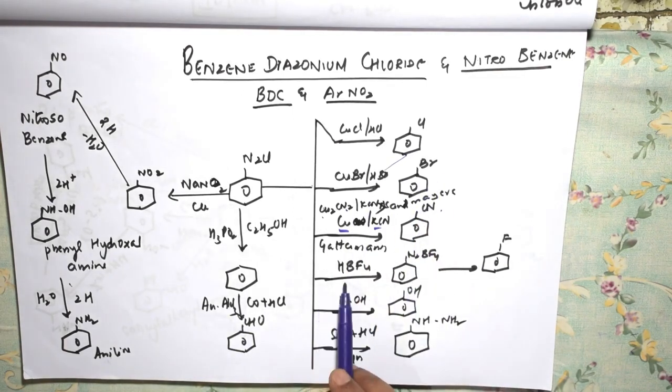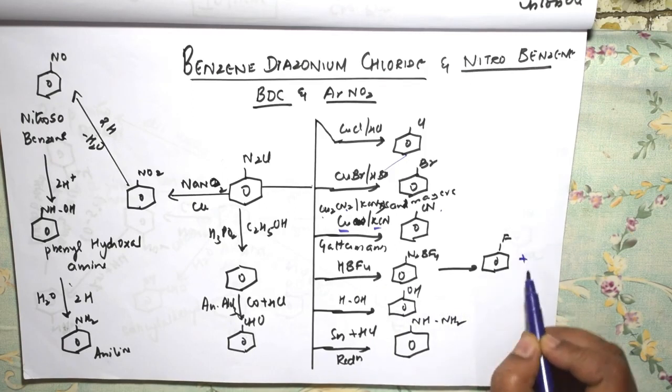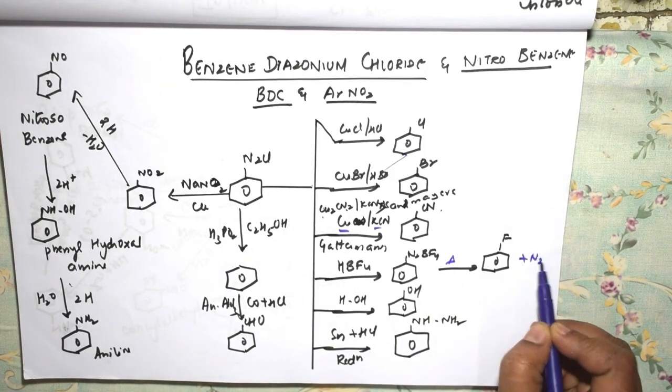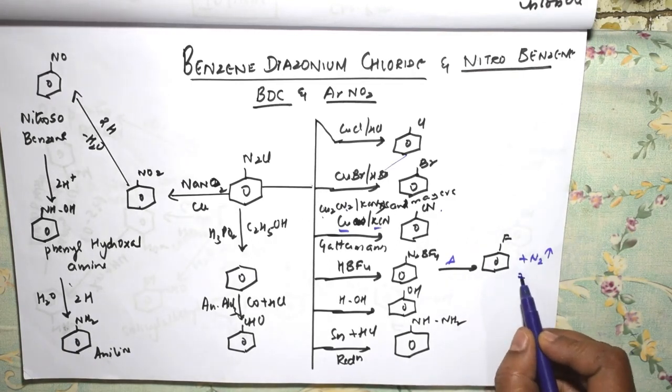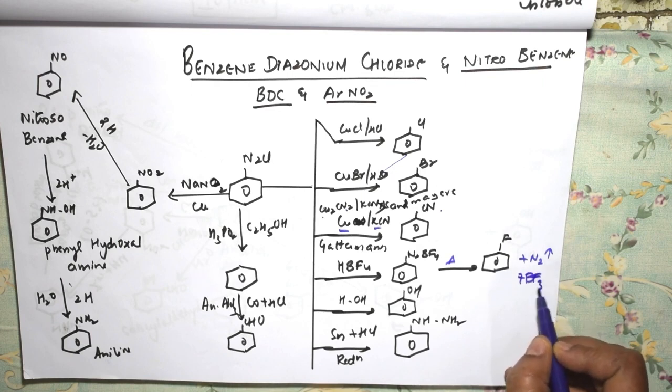So I have used a reagent, that is HBF4. This is going to get converted into your first unstable complex, then further on heating this one, nitrogen gas is out and BF3 also comes out and your fluorine attaches, right, students?